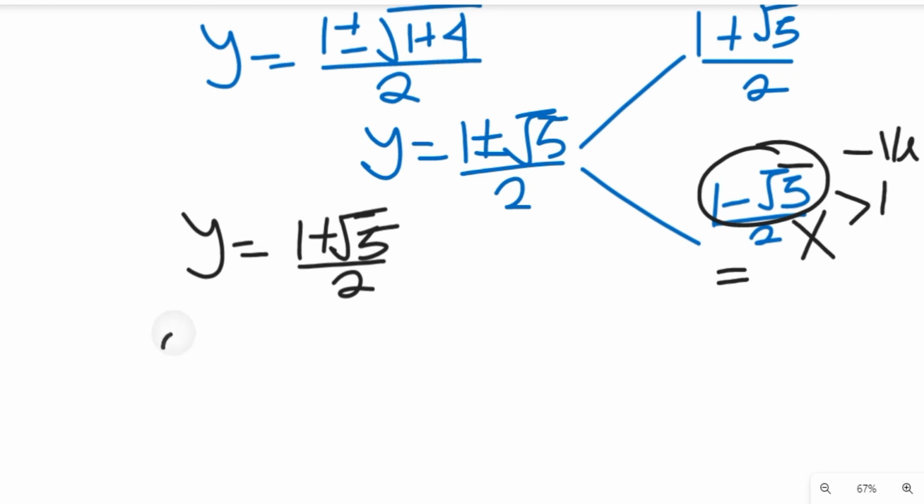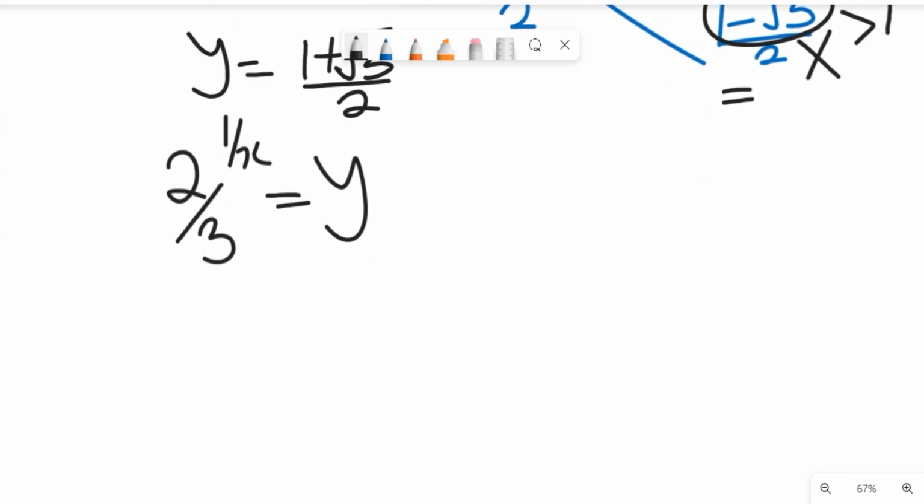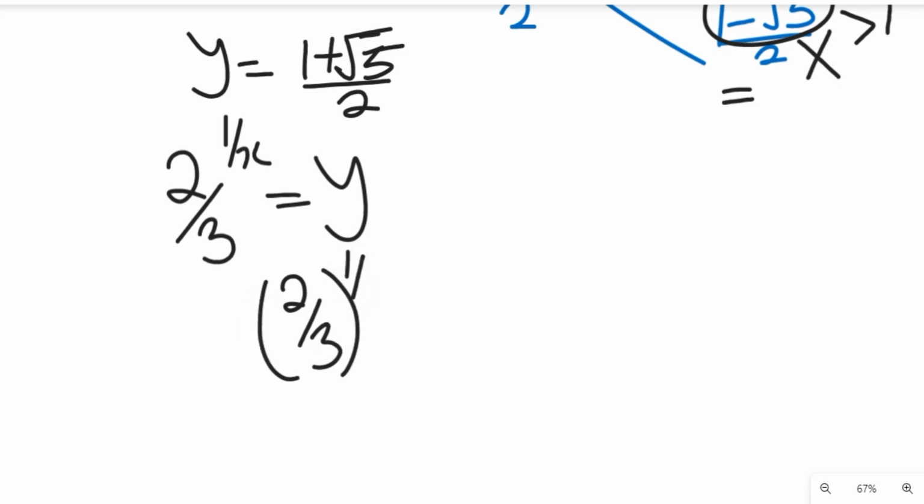Recall that we'll have our 2 divided by 3 to the power of 1 divided by x equal to y. So if we apply that here, we are going to have 2 divided by 3 to the power of 1 divided by x to be equal to 1 plus square root of 5 divided by 2.